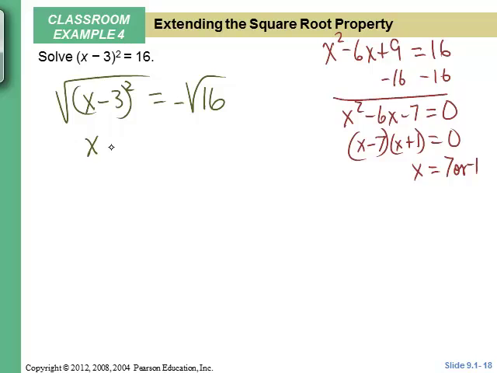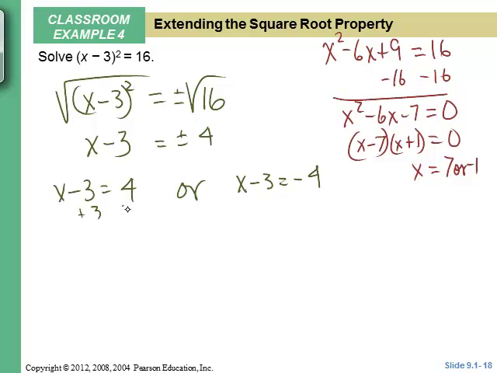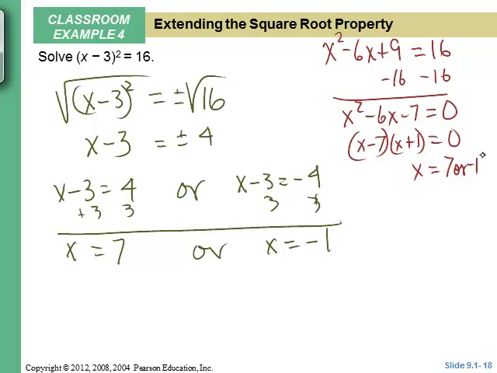So you get x minus 3 equals plus or minus, what's the square root of 16? 4. So either x minus 3 equals 4 or x minus 3 equals negative 4. Add 3 to both sides, and we get x equals 7 or x equals negative 1. Same thing we got by factoring.